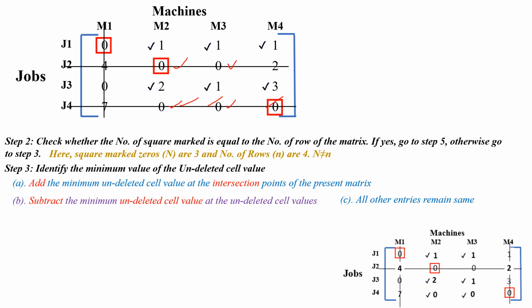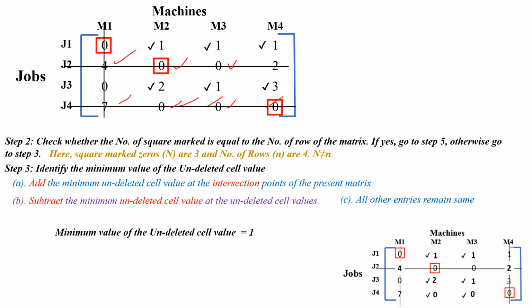Here these are the undeleted cell values. Among these, the minimum value is 1. So we add 1 at the intersection points of the matrix. The intersection points are the intersection of the horizontal line and vertical line of the respective cell value. Here 4 and 7 are the intersection cell values.